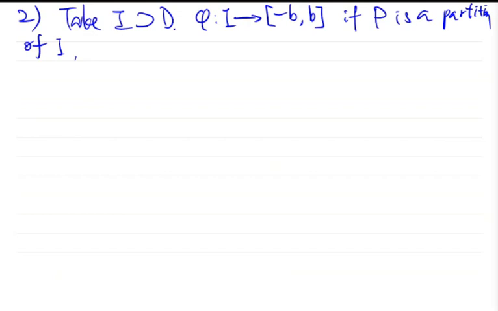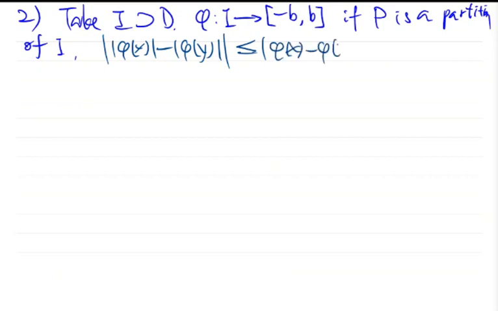We know that the absolute value of |phi(x)| minus |phi(y)| will not be greater than the absolute value of phi(x) minus phi(y). This is the triangle inequality.